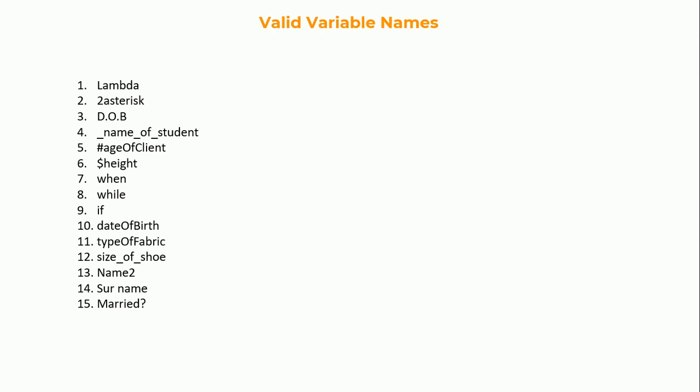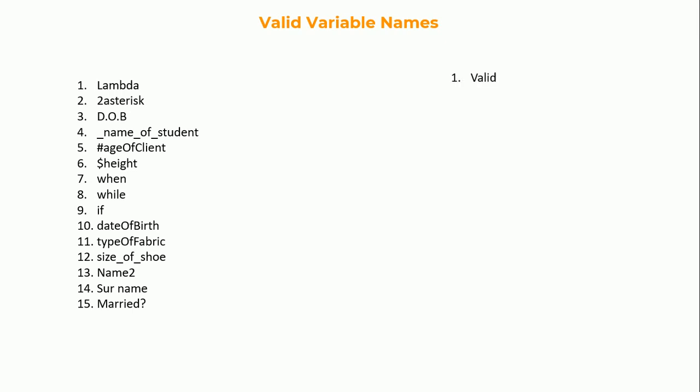We cannot use those words in naming a variable. That's basically what a reserved word is. In a language like Python, lambda is reserved, but the lambda that is reserved or is used for a particular purpose starts with a small letter, not a capital letter. So for the first example, this is valid.